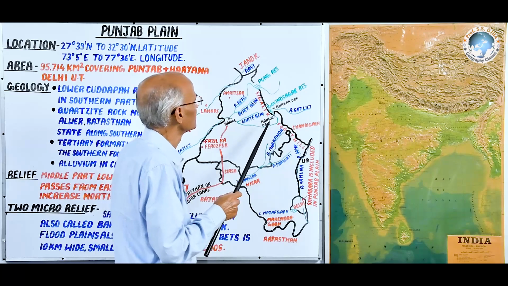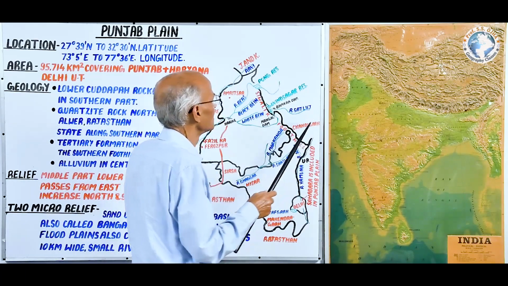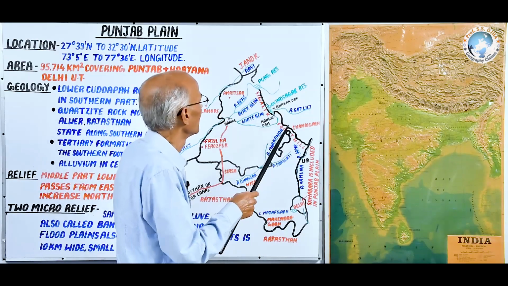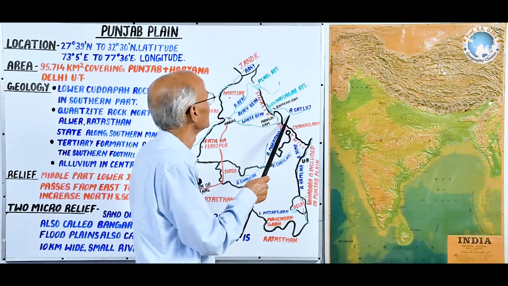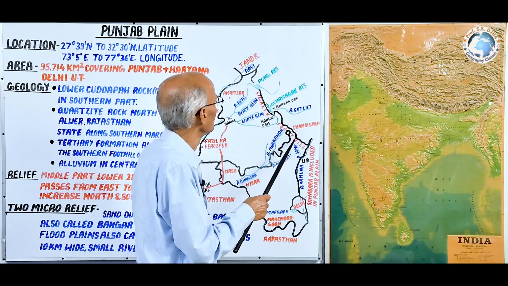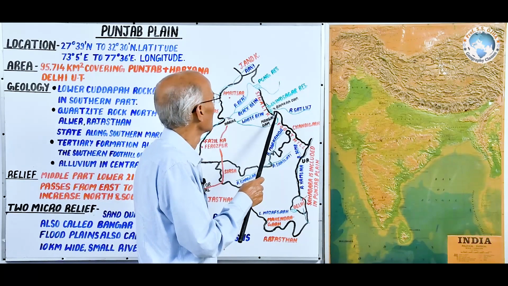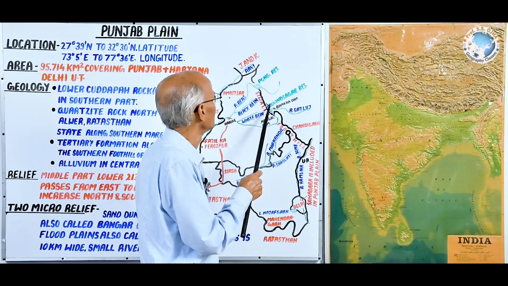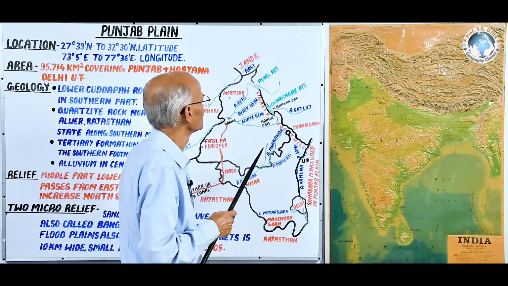Now the next very important river is river Satluj, originating from Tibet and then coming into the Himachal Pradesh state, and as it reaches near this Shivalik, a dam has been constructed named Bhakhra Dam, and the reservoir Govind Sagar has also been constructed.